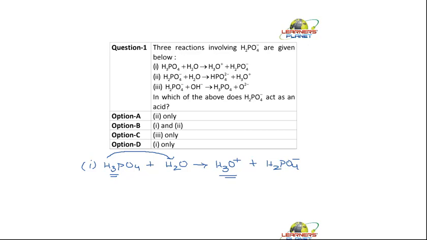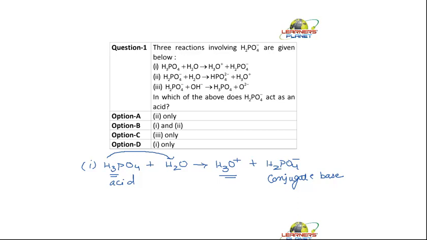So H3PO4 is acting as an acid and H2PO4 minus is its conjugate base, right? So your first option is ruled out.